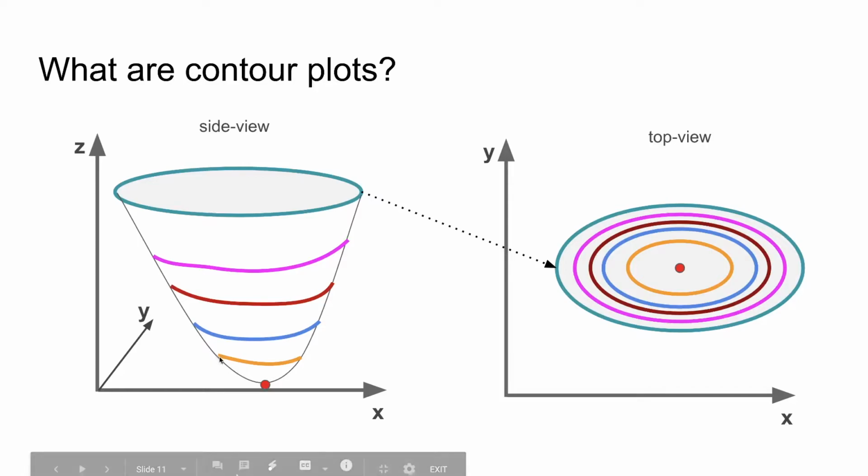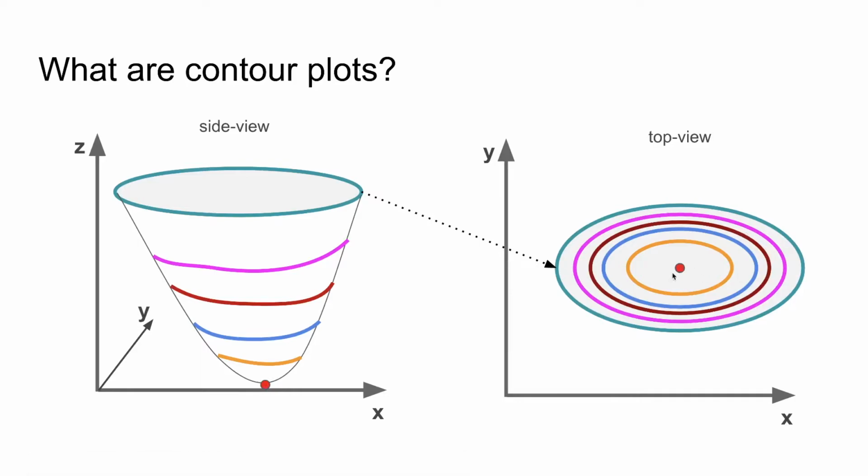And if we climb up in that 3D space, we see that these colored lines represent different levels as we go up. Now, if we look at this plot from the top, this is what it would look like. These rings appear like this, and the center point would be in the middle.